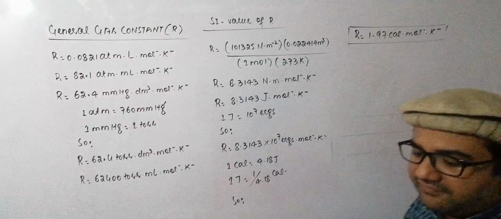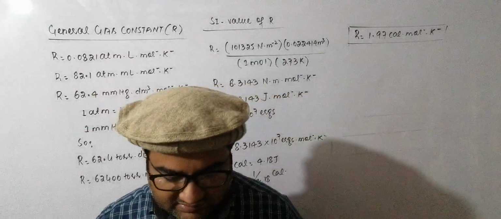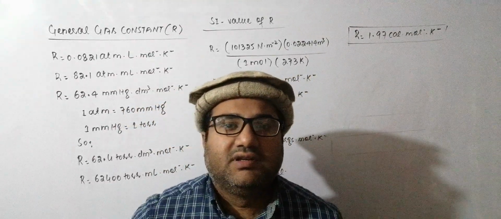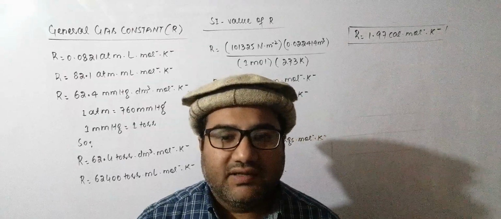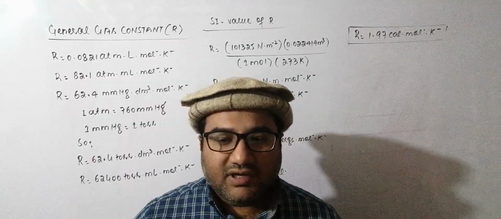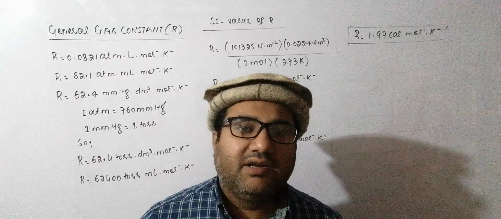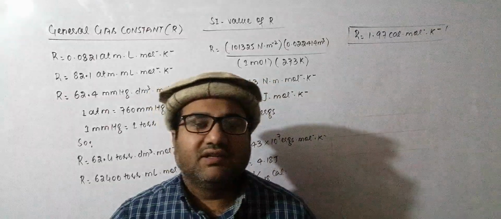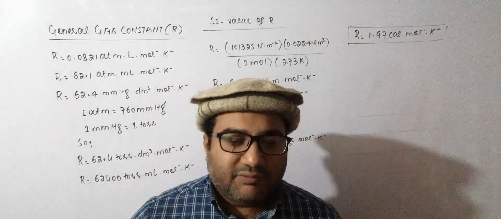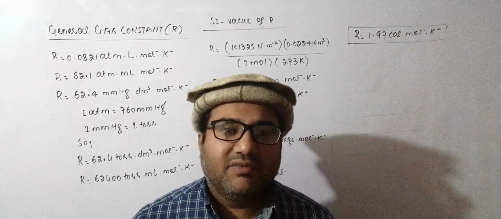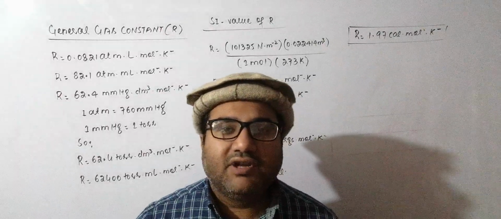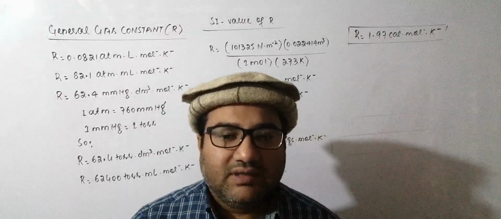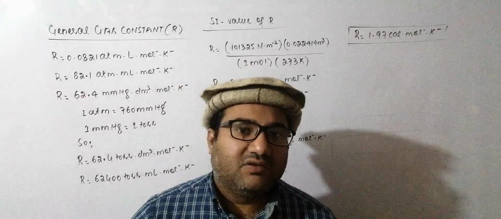So here are the different values of the general gas constant R. This one is a constant, but we consider its different values. Why? Because the value of R that we use in any numerical depends upon the units of pressure and volume that are already mentioned in the statement of the question. So if the pressure is in atmosphere and volume is in decimeter cube, you can use the relevant value of R instead of converting the pressure and volume into some different unit. So this is the application of the general gas constant.